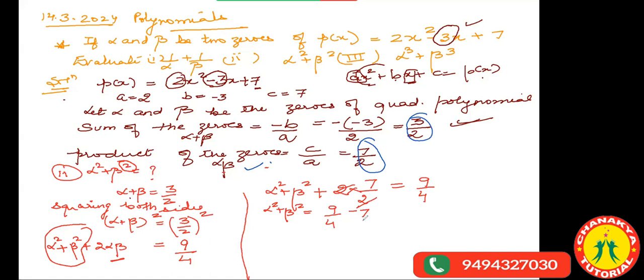Right? Now take LCM. So your LCM will be? 4. Yes, it will be 4. 9/4. Sorry, wait.